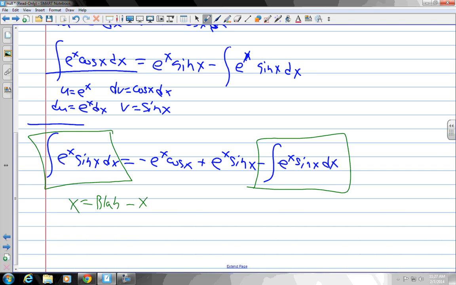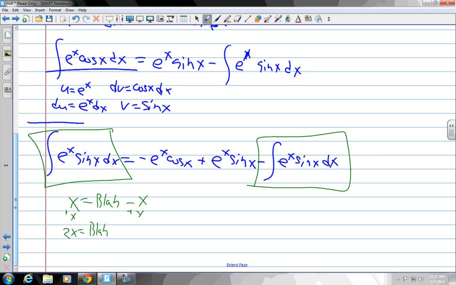How can you solve for x? Yeah, you add x to both sides. So this is 2x equals blah. And by the way we spell blah, there are no x's in blah, right? So I can just divide by 2, x equals blah over 2, right?